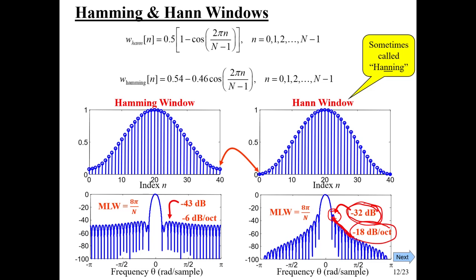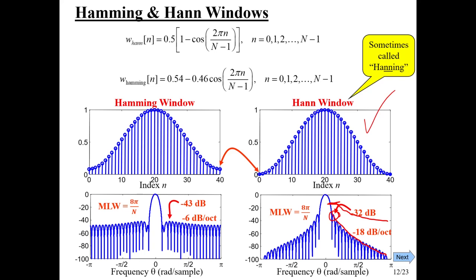Compared to the rectangular window, this would already be very low compared to the minus 13 dB, and that would drop off slowly, and this drops off rapidly. So we've controlled the side lobe interference effect, right? If we have a fundamental and a harmonic, the likelihood of the side lobes of the fundamental interacting with the main lobe of the harmonic is less with the Hann window than with the rectangular window.